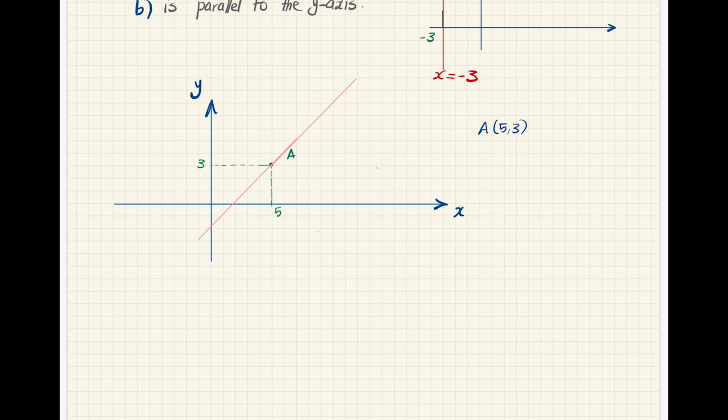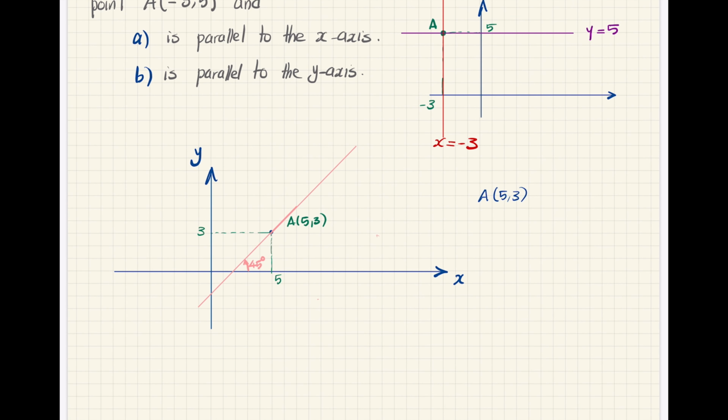So this angle is 45, and I know the coordinates of my point. One x coordinate is 5, the other one is 3. I want to find an equation for this line. First of all, that simple idea will not work here.